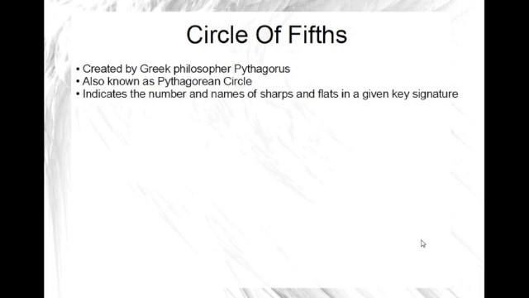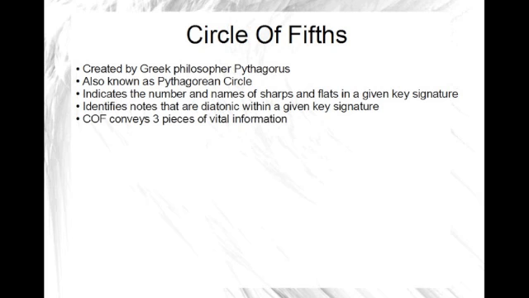The other piece of information it gives are the notes that are diatonic within a given key signature. What I mean by diatonic is those notes that actually naturally occur within a key signature or range.